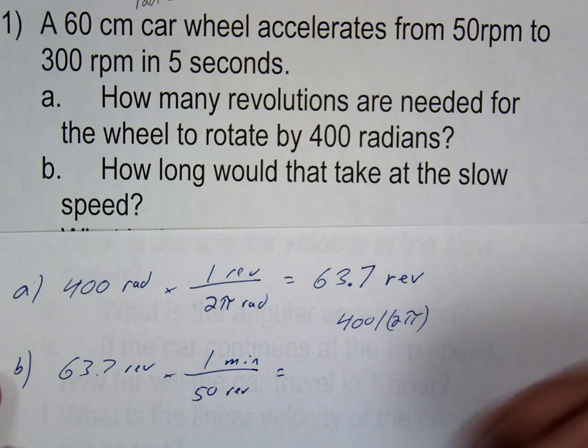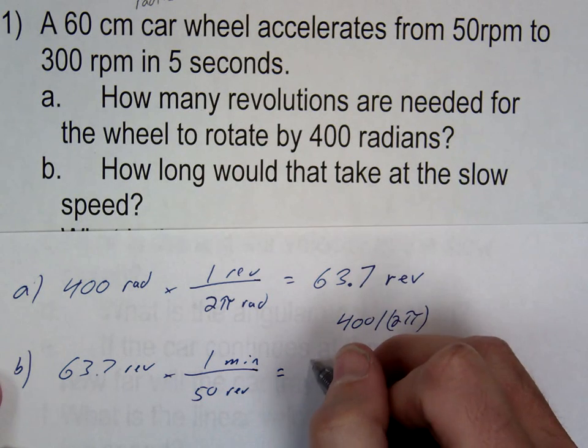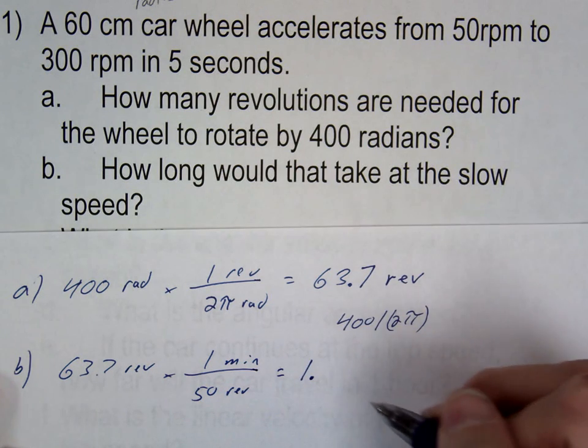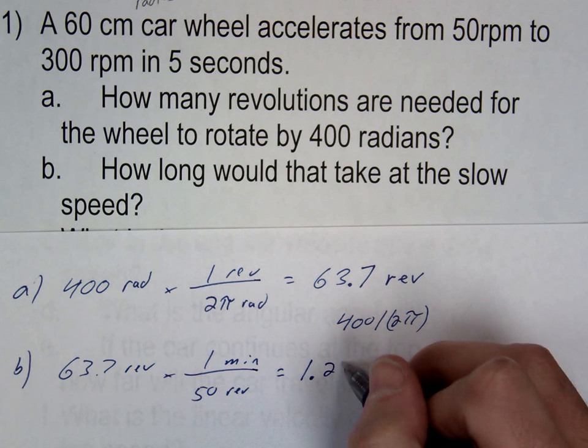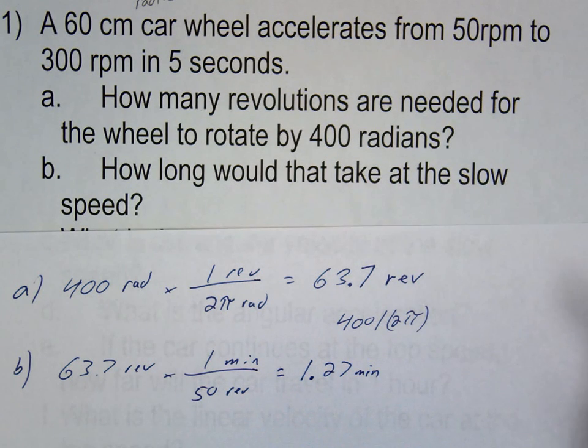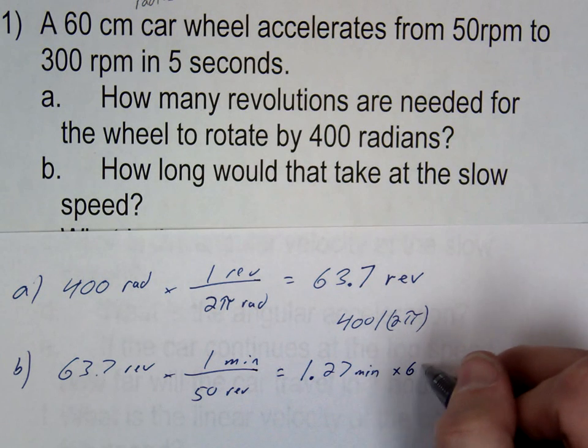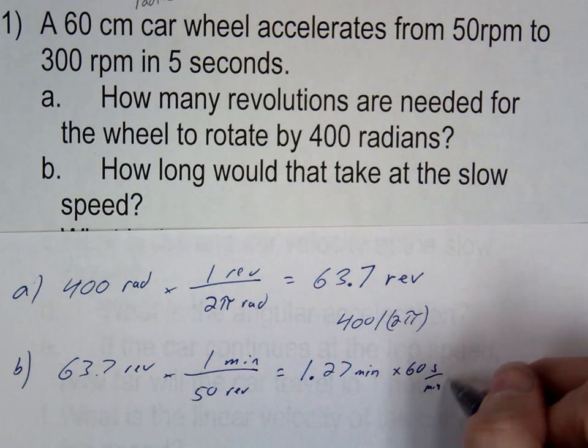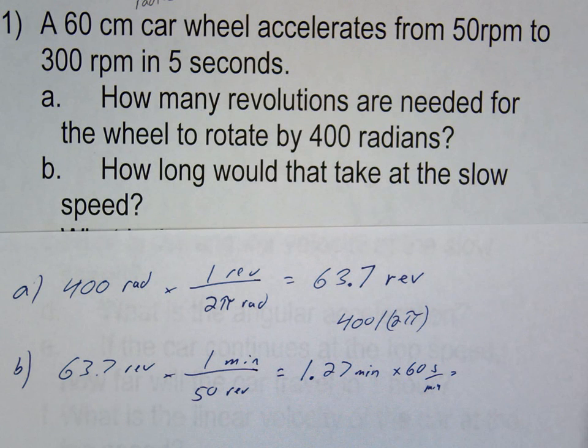Okay, so we're going to get a little bit more than 1 minute, right? 1 point how many? 27 minutes. Okay, now the question didn't really specify whether it should be minutes or seconds. In general, if they don't say that, what should we put it in? Seconds, yeah. So I'm going to go ahead and do that. Multiply by 60 seconds per minute. And you get about 70 something.